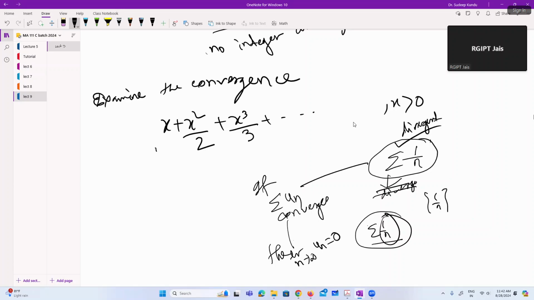So how will you check the convergence? Suppose you have to apply D'Alembert's test. Using D'Alembert, how will you show it? What is Un plus 1 by Un?